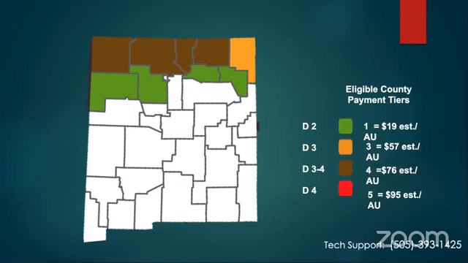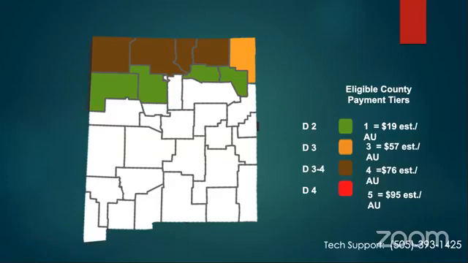So in the tier 1 payment, we've got McKinley, Sandoval, Mora, and Harding. And in the tier 3, we've got Union County. And in the tier 4, we've got San Juan, Rio Arriba, Taos, and Colfax. And these are the 2020 estimated payment rates per animal unit.